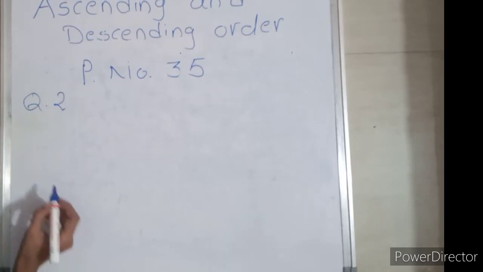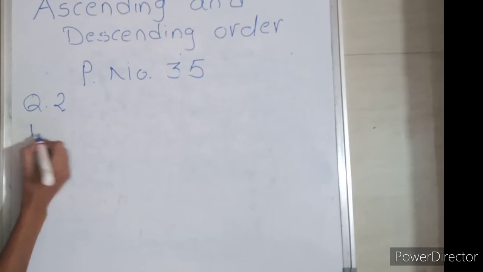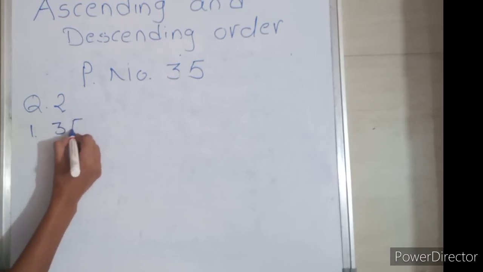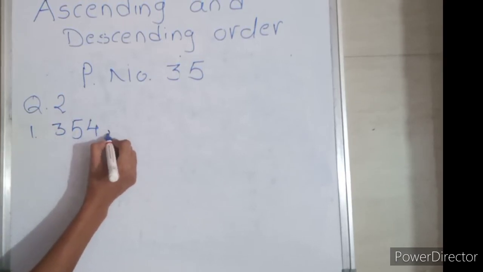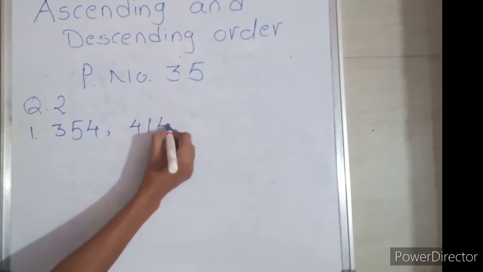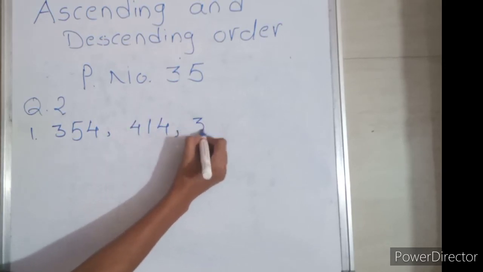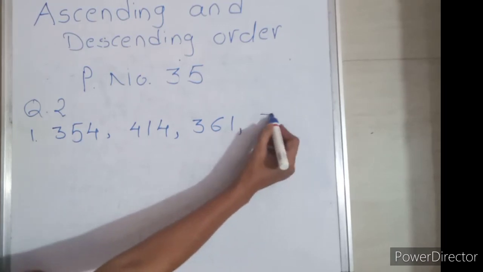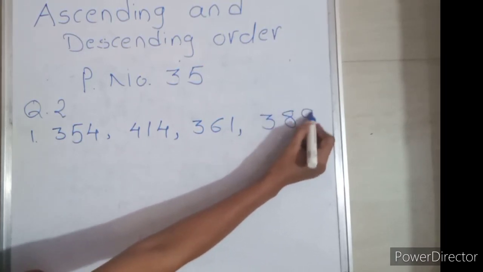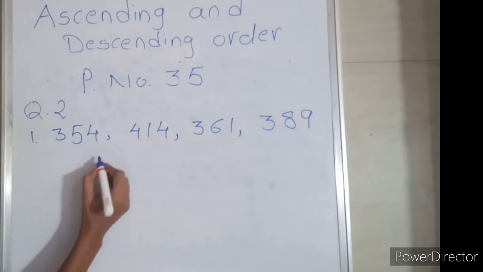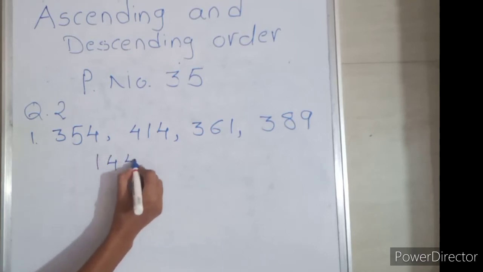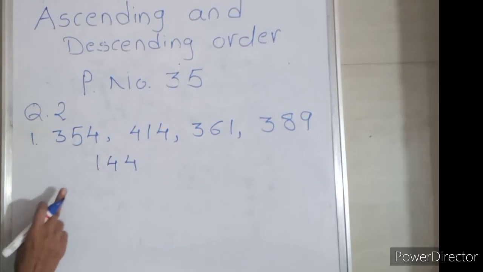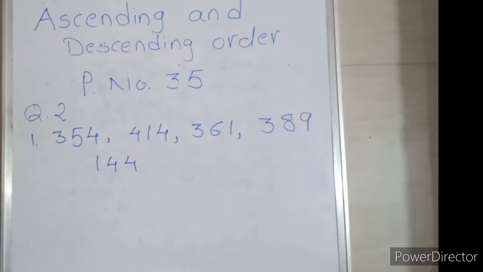Arrange the numbers in ascending order. 1 is there, 354, then 440, then 361, 389 and the last number is 144. Now we have to arrange these numbers in ascending order only.